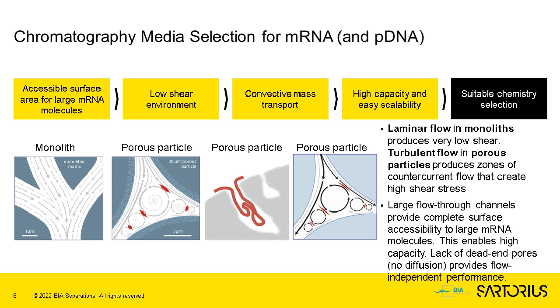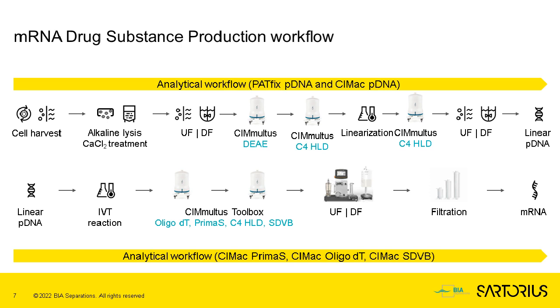Today we'll be primarily discussing affinity ligands, so oligo-dT-based ligands, as well as some multimodal ligands that combine elements of anion exchange and hydrophobic bonding, which are particularly suited for purification and analytics of mRNA. And we'll use those ligands in a range of steps, and this is the first slide where I would like to very briefly address the structure of a typical mRNA drug substance production process.